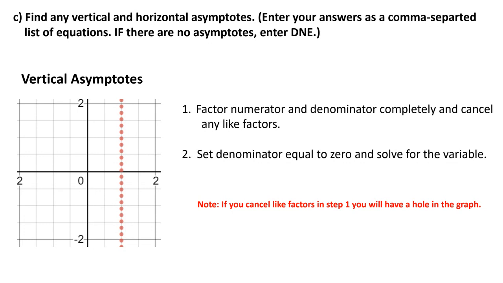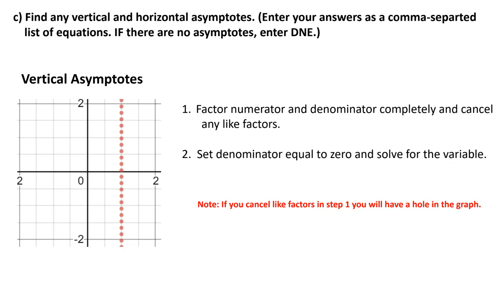It will take effect when we list a domain, but when we cancel like factors from the numerator and denominator, what this creates are holes in our graph. So it will have a difference in our domain, but it will no longer be an asymptote.